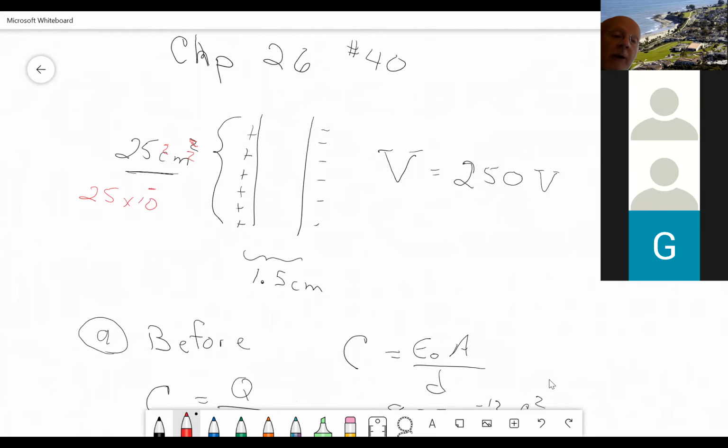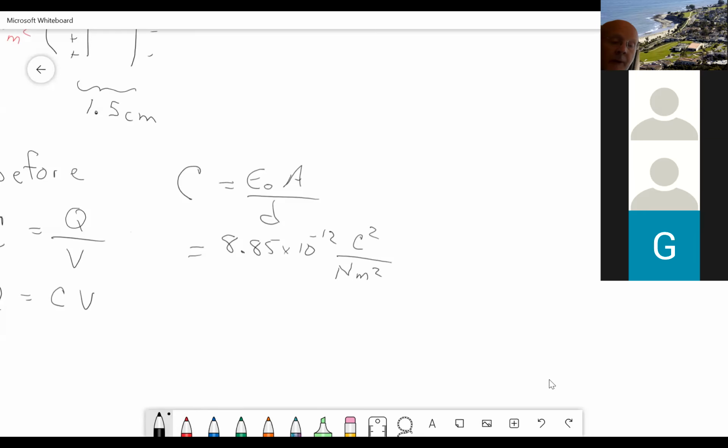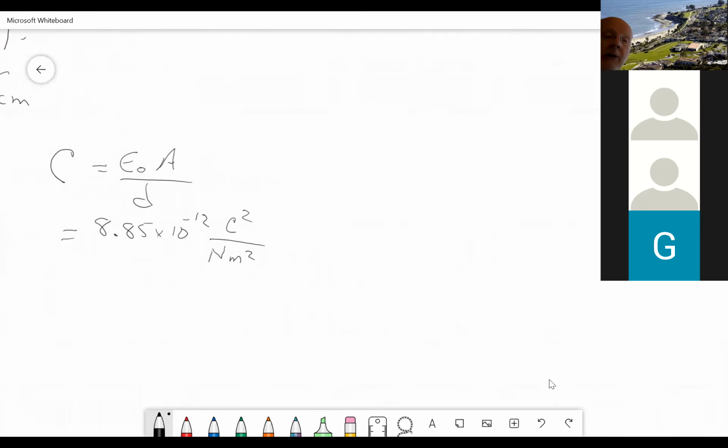So if I square it, I get 10 to the minus 4 square meters. So coming back then over to here and putting the area, I'm going to write it as 25 times 10 to the negative 4 square meters.